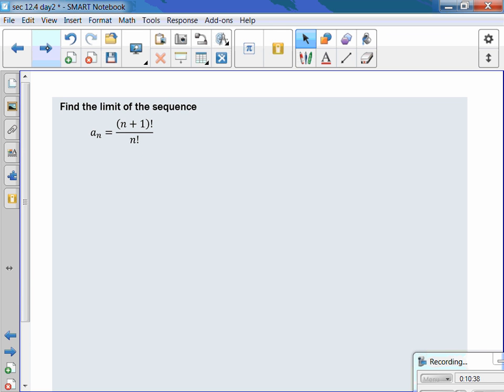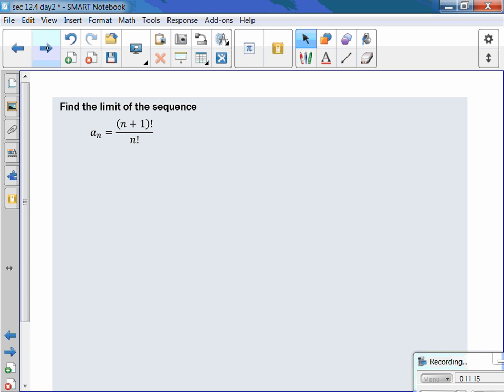Can I do any of those methods here? Well, can I use any of the techniques that we have?